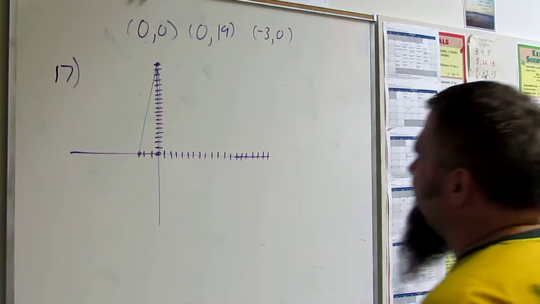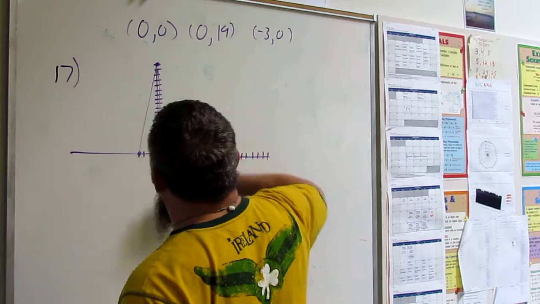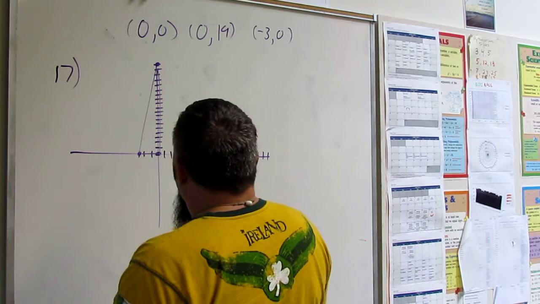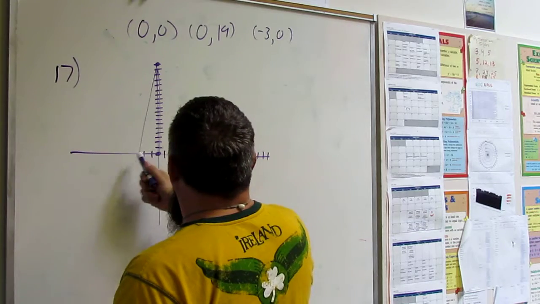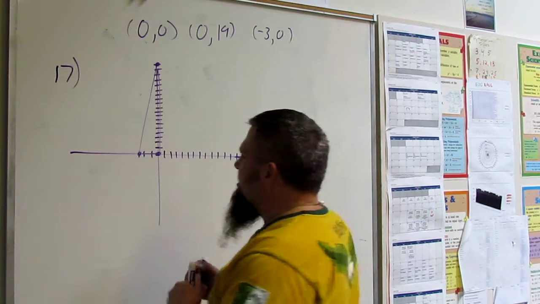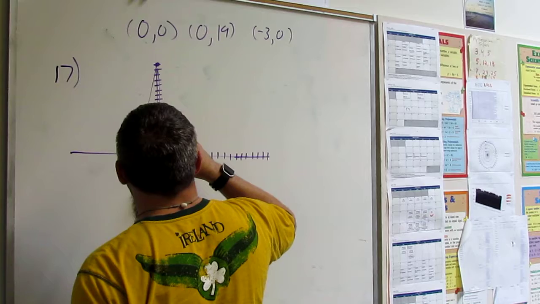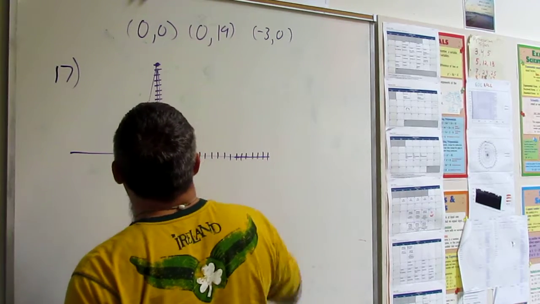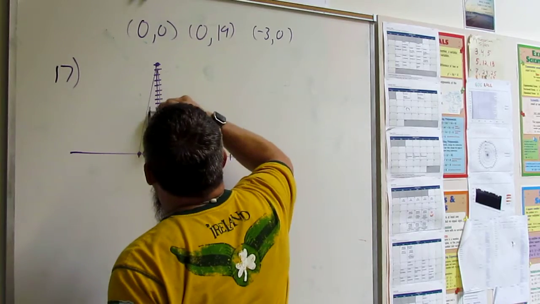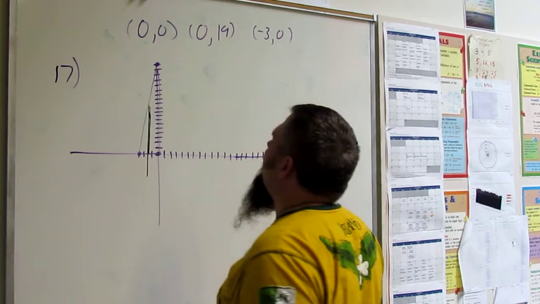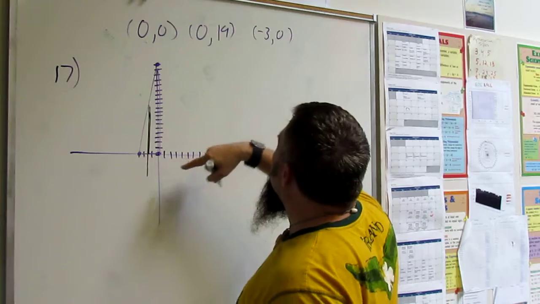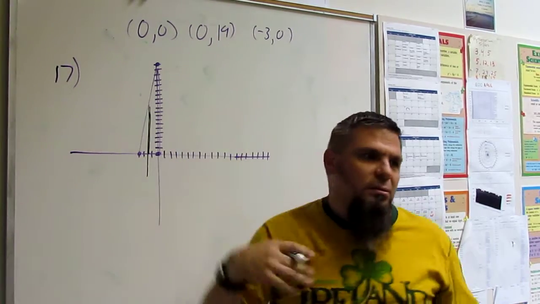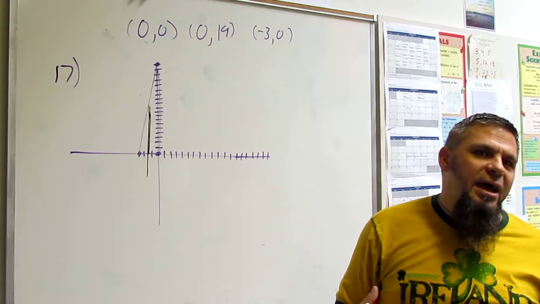So what I need to do is find the perpendicular bisectors of each side. Right? To bisect 3, that would be at 1.5. To bisect 19, that would be at 9.5.